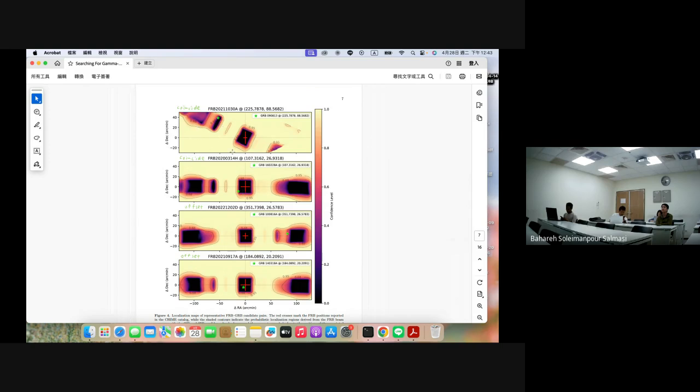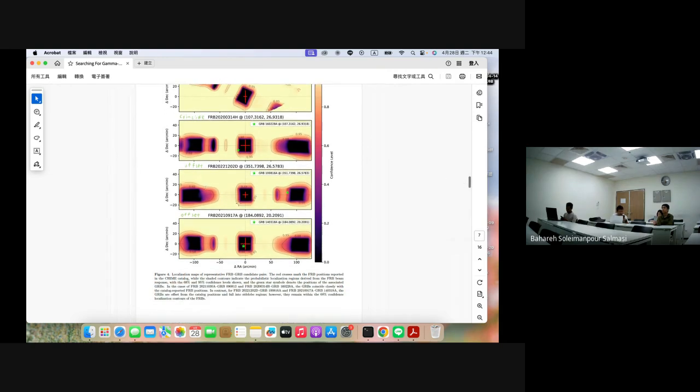But in the top panel, the gamma ray burst is in the side lobe, which means it's still close to the FRB center but not observed by the main beam. The bottom 2 panels show the gamma ray burst is offset.